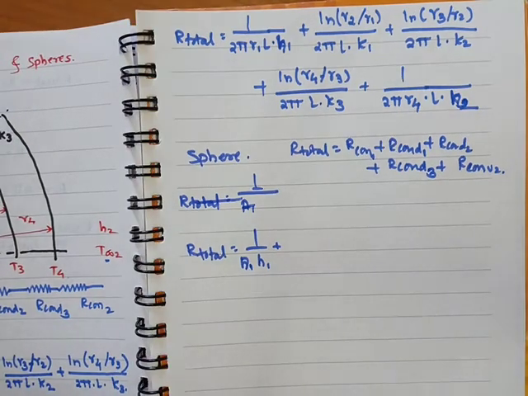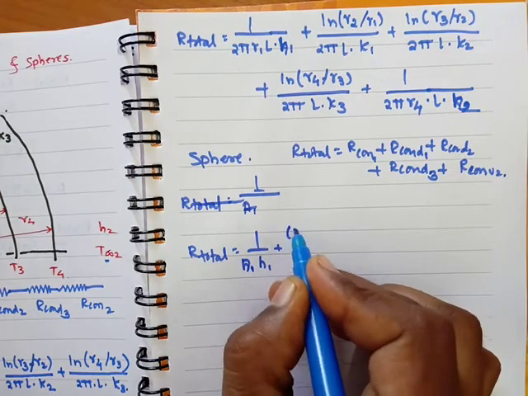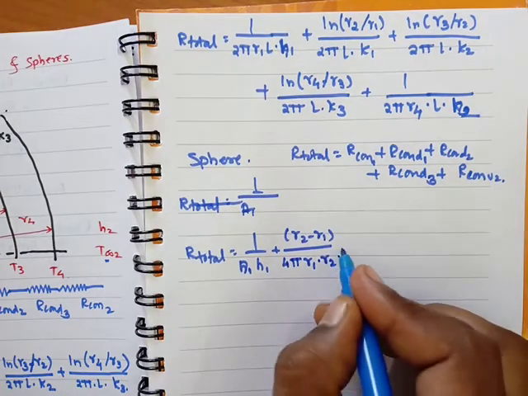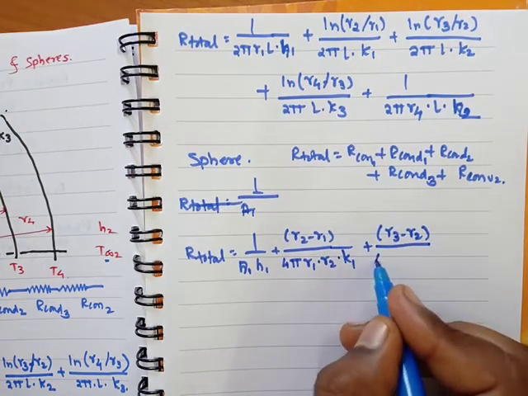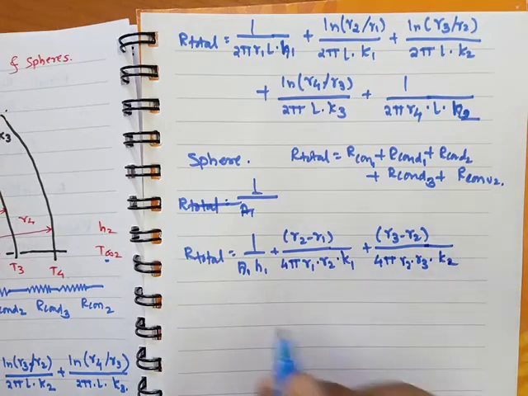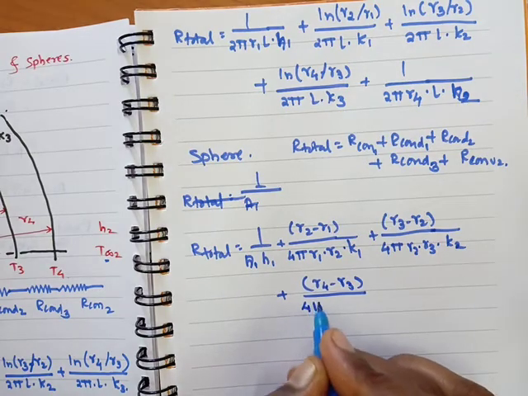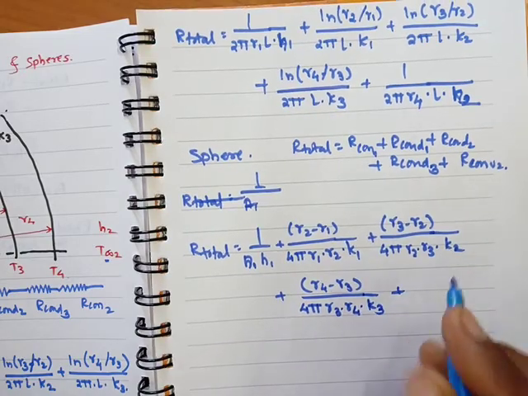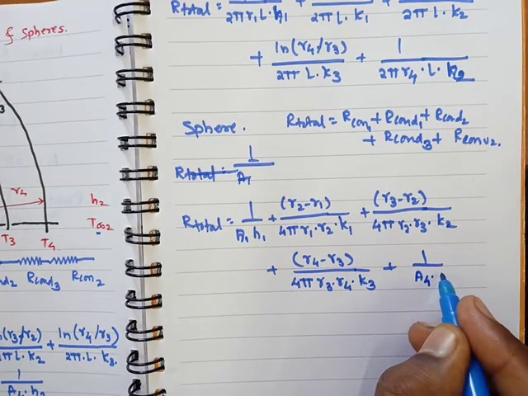1 upon A1 H1 and the conduction resistances: R2 minus R1 divided by 4 pi R1 R2 K1, plus R3 minus R2 divided by 4 pi R2 R3 K2, plus R4 minus R3 divided by 4 pi R3 R4 into K3, plus the convection term 1 upon A4 into H2.